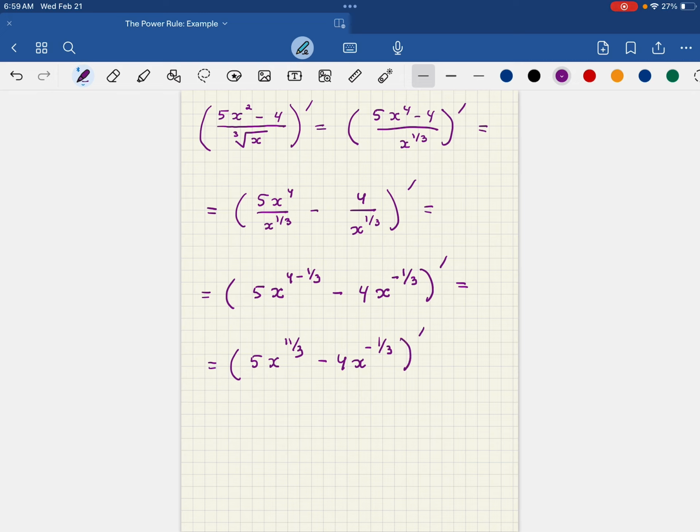And now we can differentiate term by term, taking the constants out of the derivative and applying the power rule. And so that's going to give us 5 times 11 thirds times x to the power 11 thirds minus 1, minus 4 times negative 1/3 times x to the power negative 1/3 minus 1.